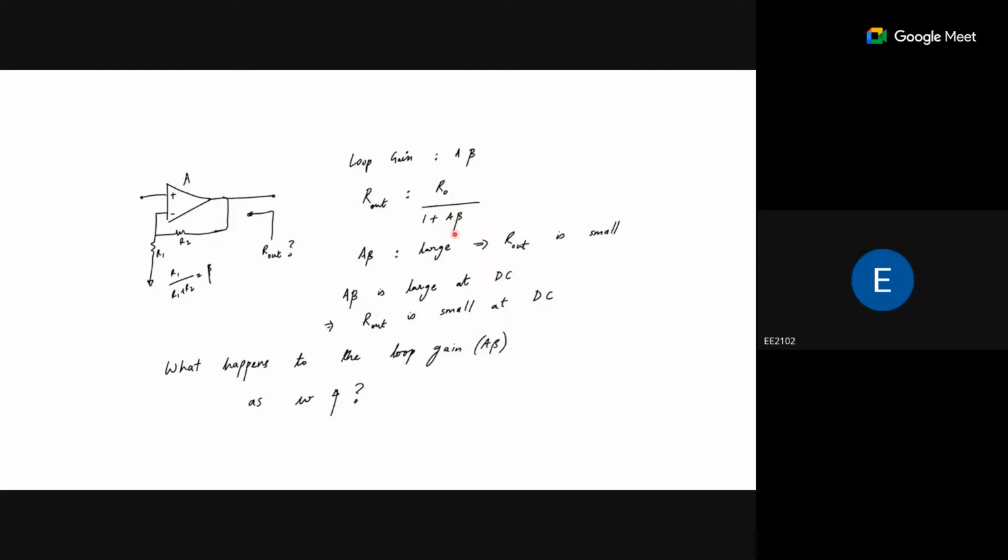Whenever A beta is high or large, R out will be very small. So whenever you are connecting your transistor here and taking the output, based upon this R out design, you can see how your output is controlled.